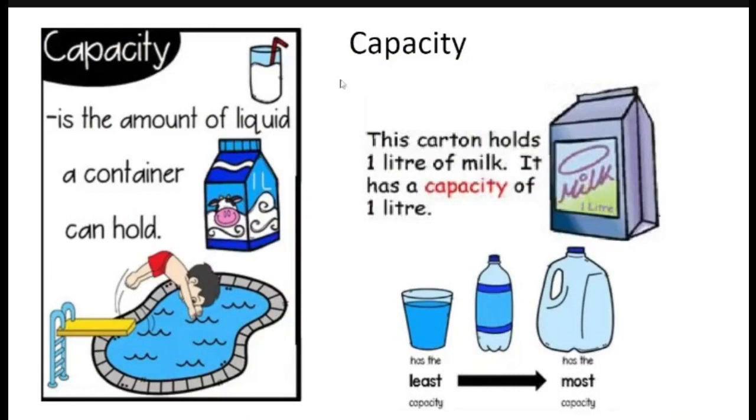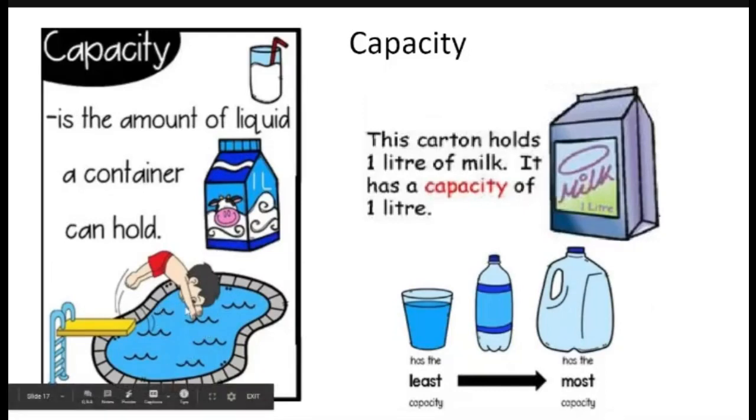Okay, now capacity. What does it mean, capacity? Capacity is the amount of liquid we can put into a container. Look at this swimming pool. Capacity is how much water we can put into this swimming pool.